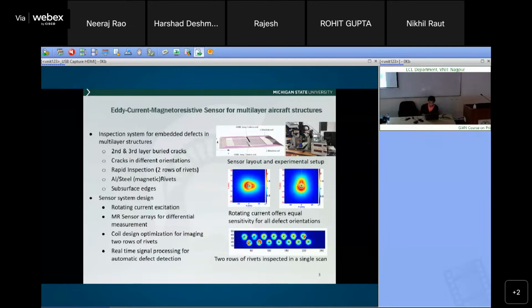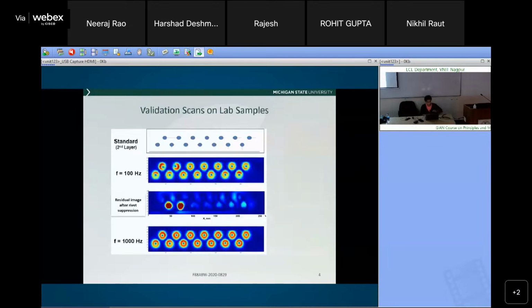This is the actual sample. It had 2 rows of rivets in the second layer, with a first layer about 1/4 inch thick. You have a connecting crack here, cracks in this direction, and cracks in the horizontal direction. There are 3 of them. This is a very, very small crack; all the actual dimensions are described somewhere.